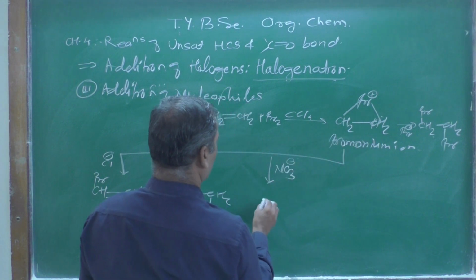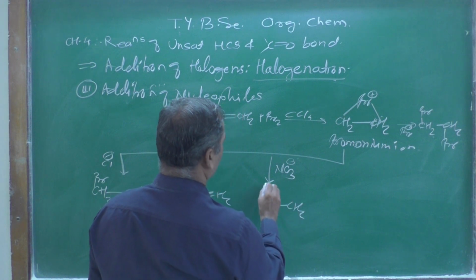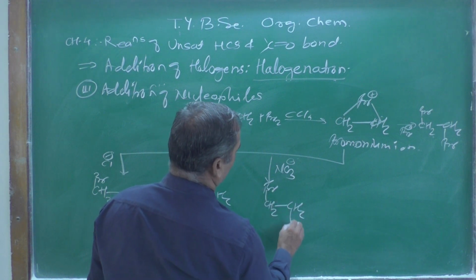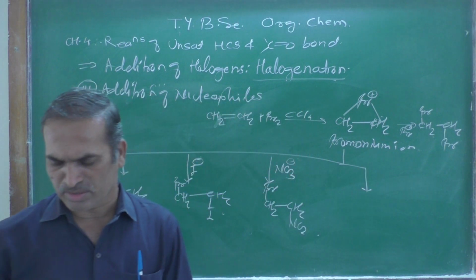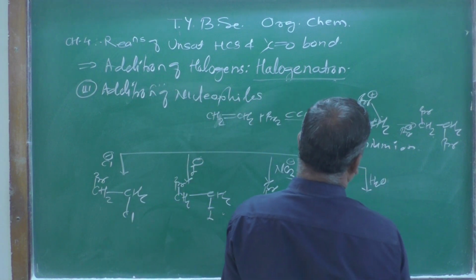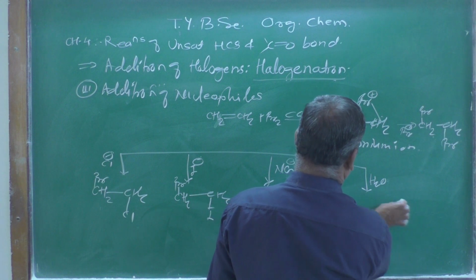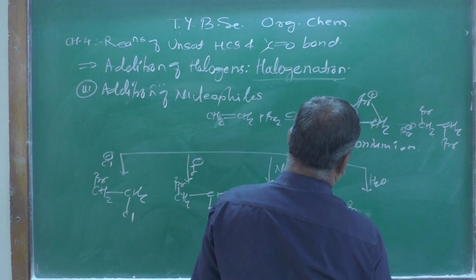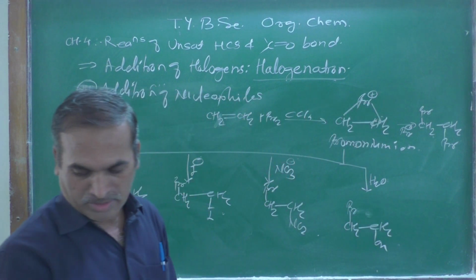Again it is going to open the ring in the same manner, CH2Br and CH2NO2. Again, suppose it is treated with a water molecule. Even though it is a weak nucleophile, still you are going to get the product, CH2Br then CH2OH. This type of compound.